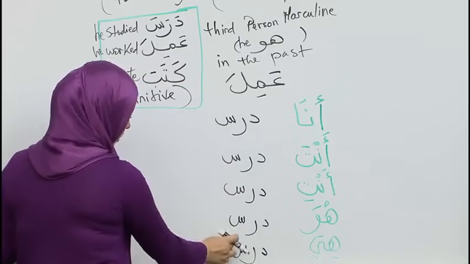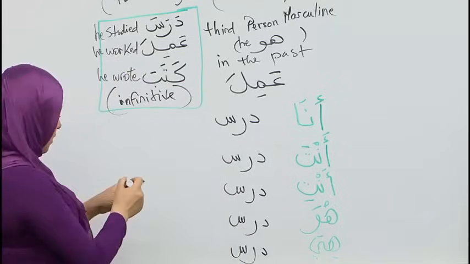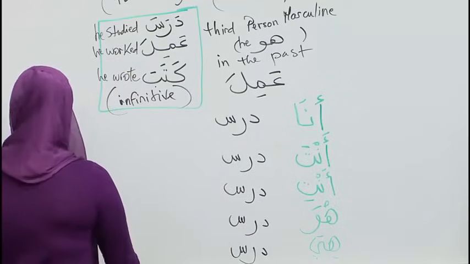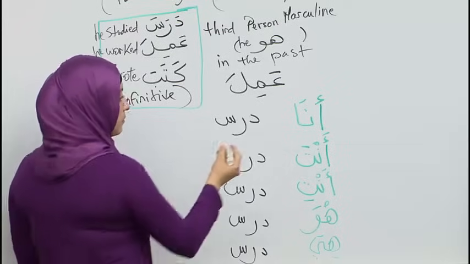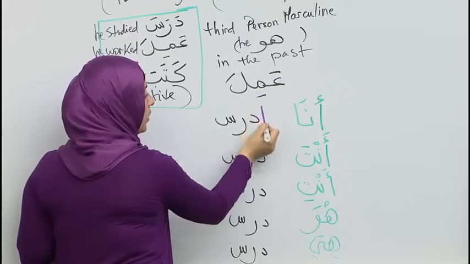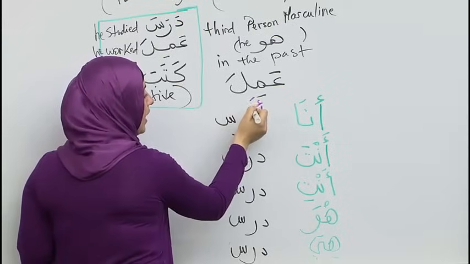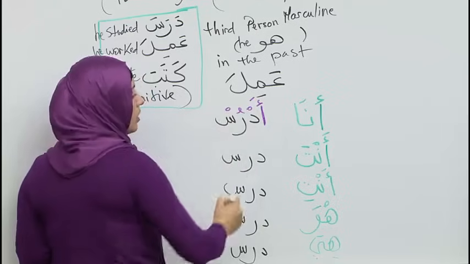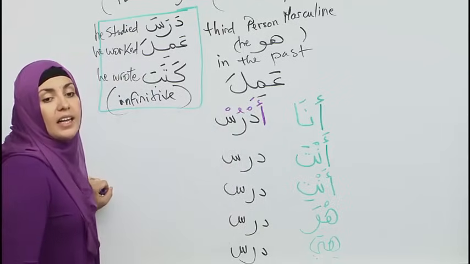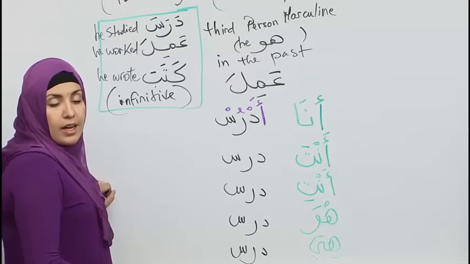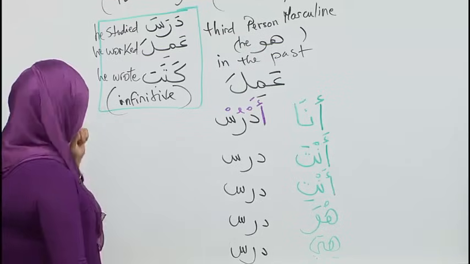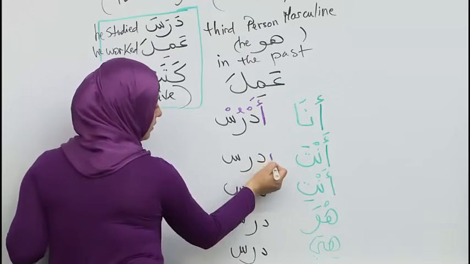And look what's going to change. When you say I, you put an alif at the beginning. Adrus. I study. Adrus. Anta.